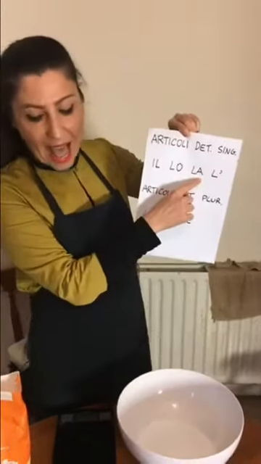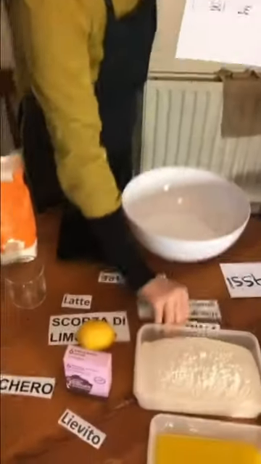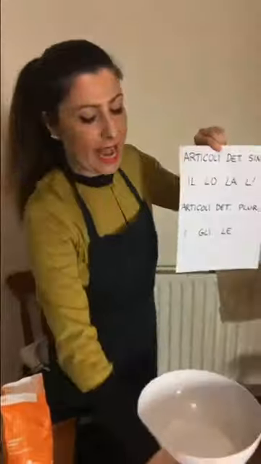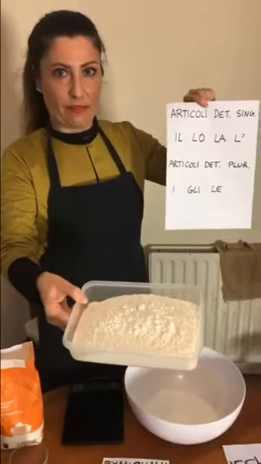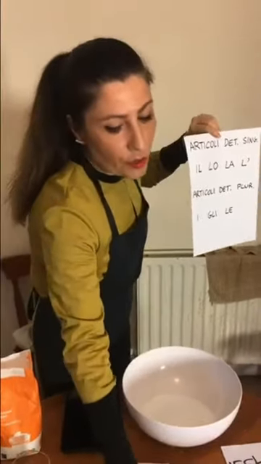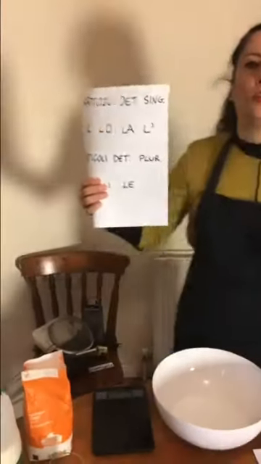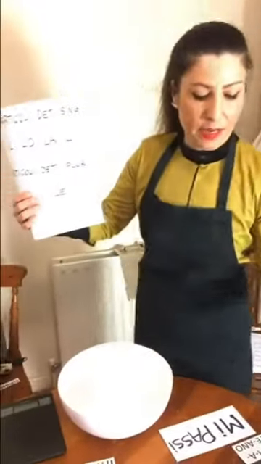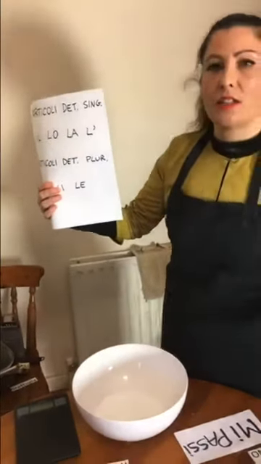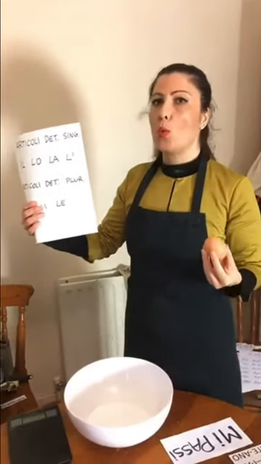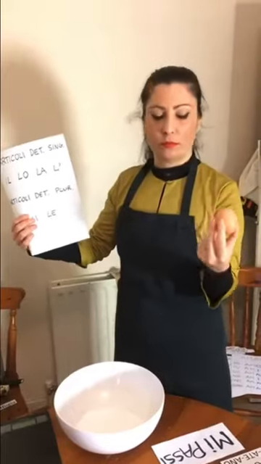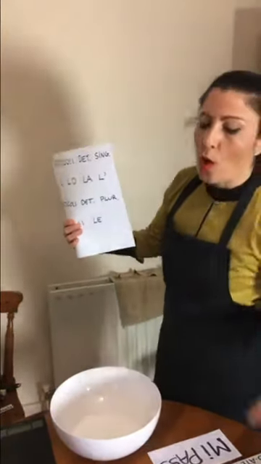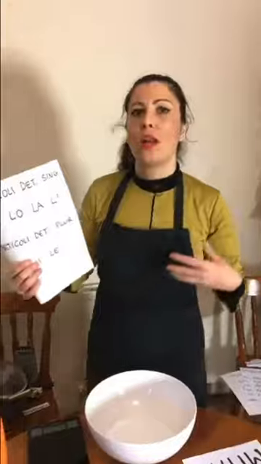Then we have la. For instance, farina, we know that it's feminine because it ends with a. So farina, la farina, okay? And also we have L apostrophe, in this case because the word starts with a vowel, like uovo becomes l'uovo, or the tree, albero, l'albero.